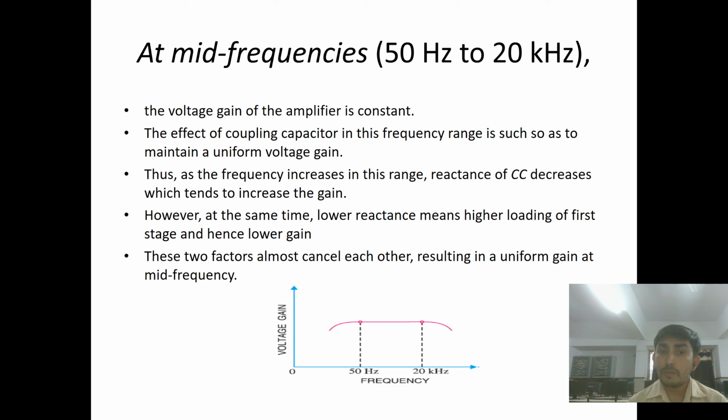The effect of the coupling capacitor in this frequency range is such that it maintains a uniform voltage gain. As the frequency increases, the reactance of the coupling capacitor decreases, and as the reactance decreases, ultimately the gain should increase.